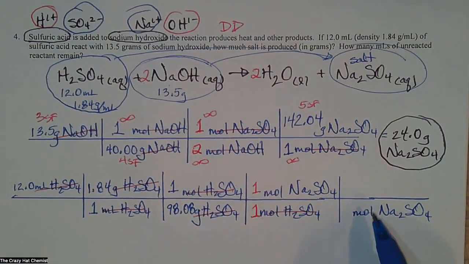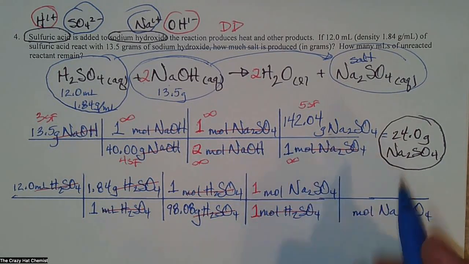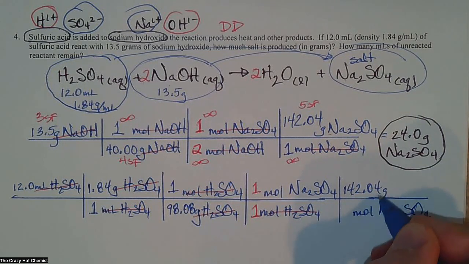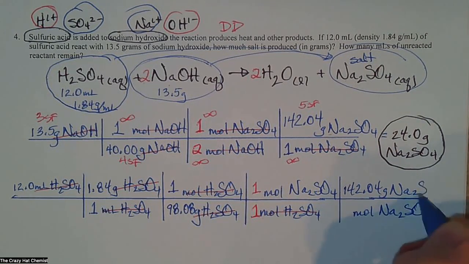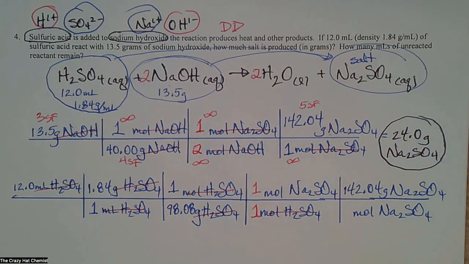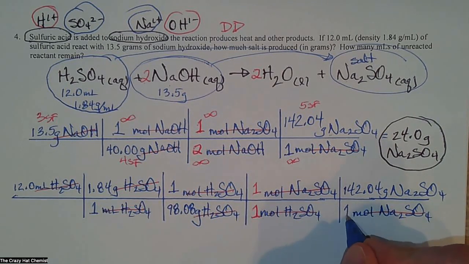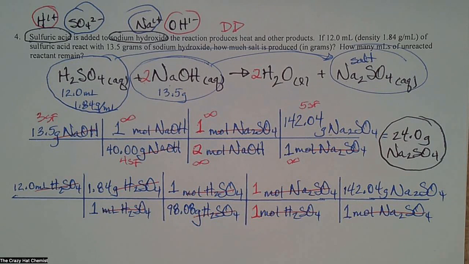So I actually already previously calculated the molar mass for sodium sulfate, and it's right up here at 142.04. That's grams Na2SO4. So that's the beautiful thing about these limiting reagent problems is you are going to end with the same units and the same formula. I'm canceling out moles of sodium sulfate. I need a 1 in front of the mole of that sodium sulfate.